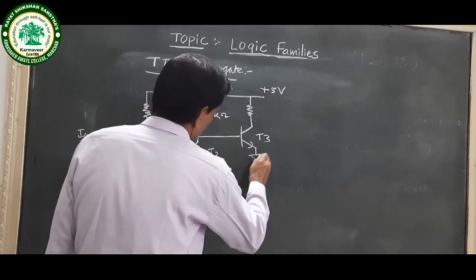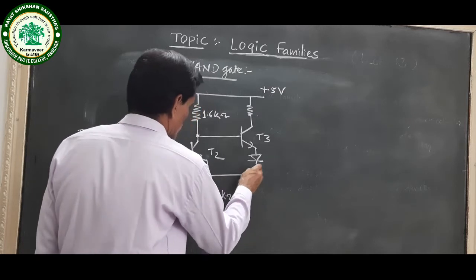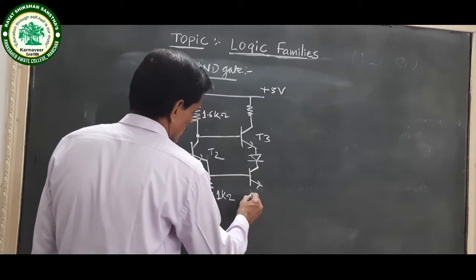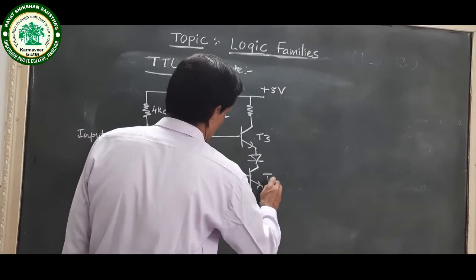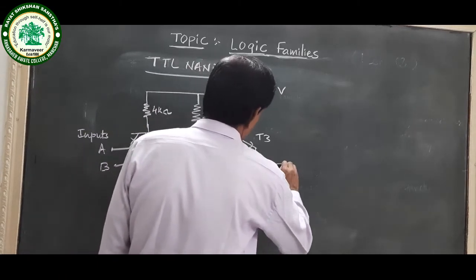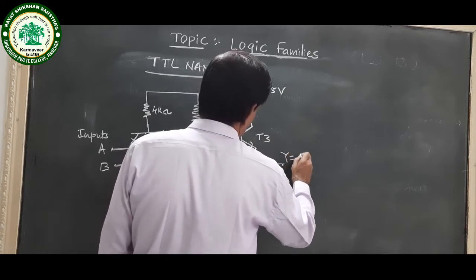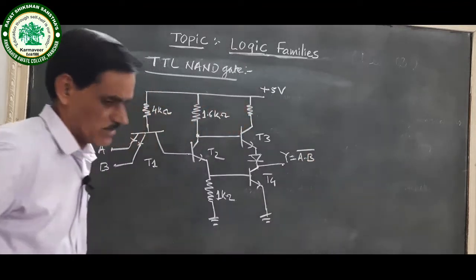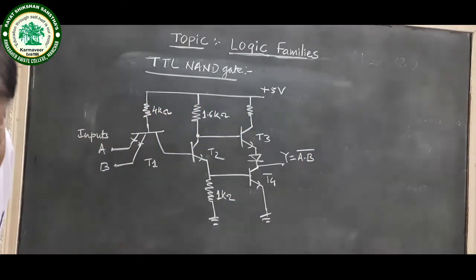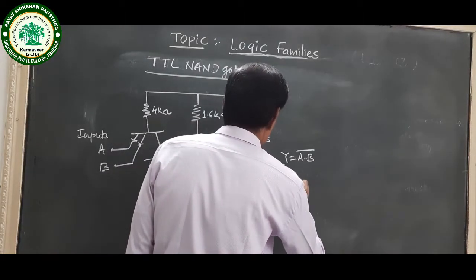Now through a diode D, this output is connected to the input of the next transistor. I am calling this transistor T4. From here the output Y is taken, Y equal to A AND B, its complement. I am calling this the output.